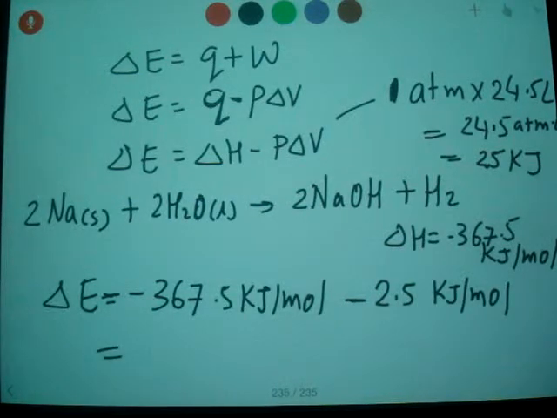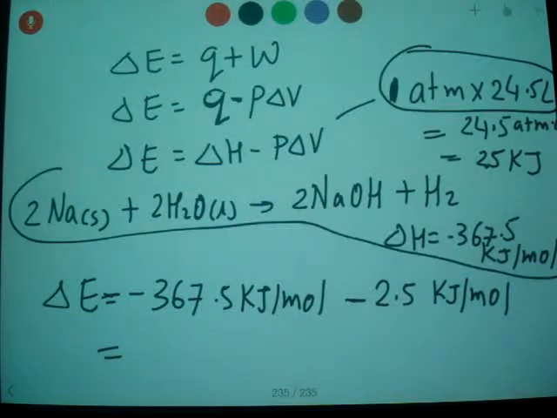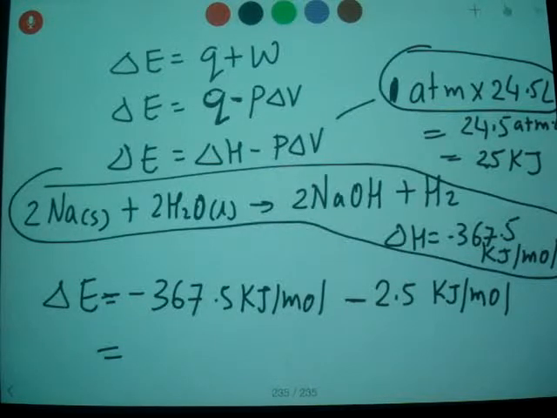Did you get the liters? And no, this will be given, it should be given with this equation. Okay? And then when you calculate, you get negative 370.0 kilojoules per mole.